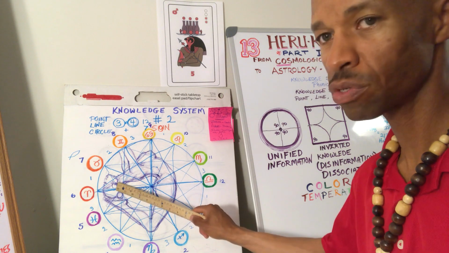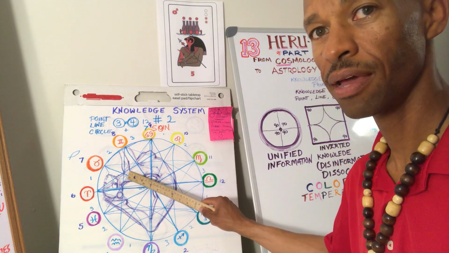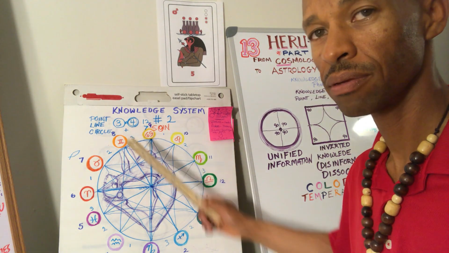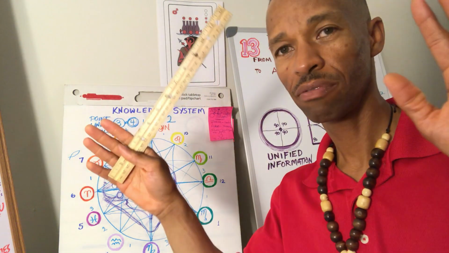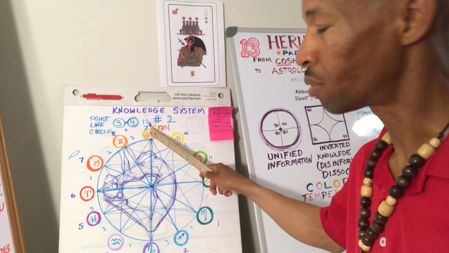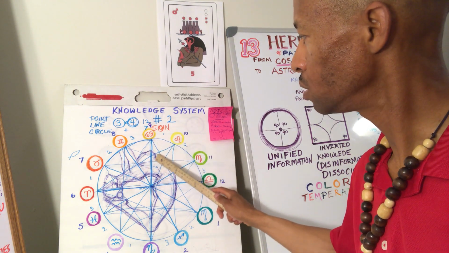Okay, so Aries corresponds to the head. Taurus corresponds to the neck. Gemini are the twins, so you have the hands and the shoulders, the breasts for Cancer, the heart for Leo.